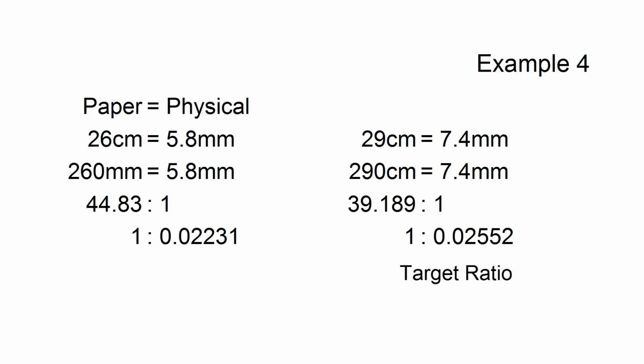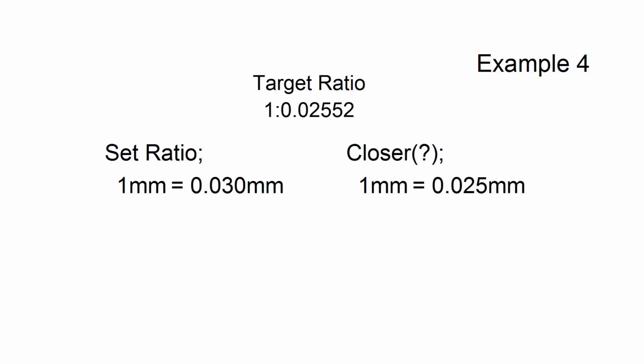With this target ratio of 0.02552, what we have is the ability now to set the metric scale of 1 millimeter equals 0.030 millimeters. And we have to go up because that's our sequence for the system of looking at the physical side and making it a larger, quote unquote, reduction.